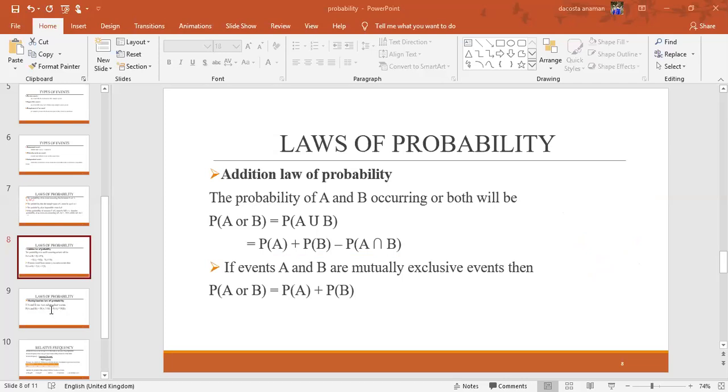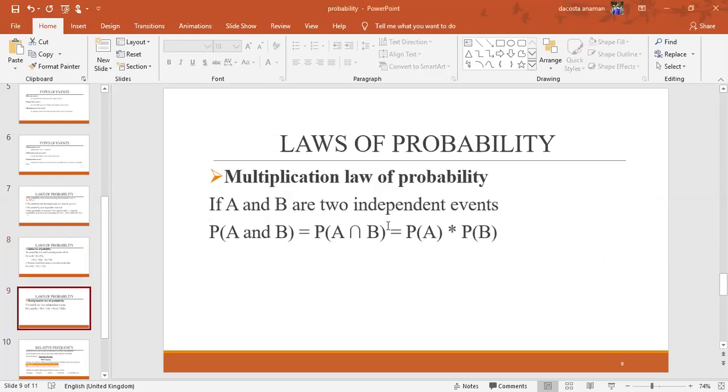Okay. So that's the addition law of probability, and the multiplication law of probability is for when A and B are two independent events. So as I drew the Venn diagram for the addition, I'm doing the same. Abraham is saying I should go over. Let me finish the multiplication law, then I'll go over both of them.